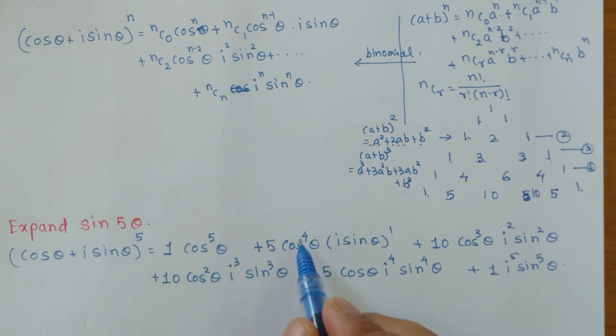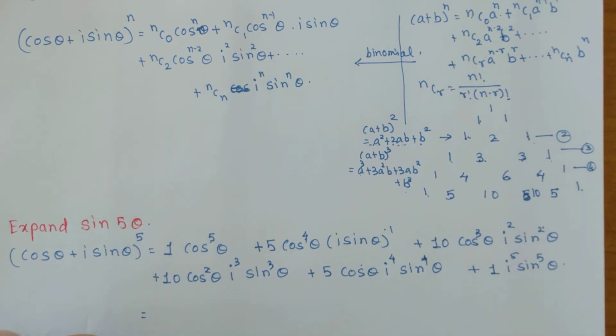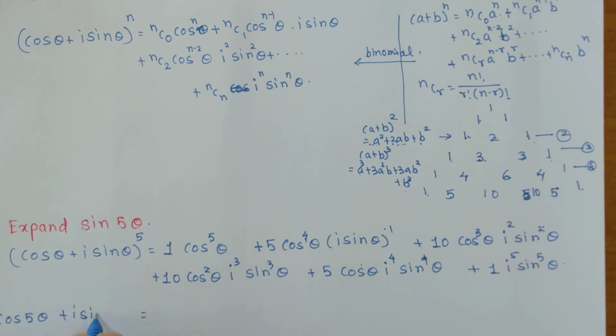Here it is 5, here 4 plus 1 is 5, 3 plus 2 is 5, 2 plus 3 is 5, 1 plus 4 is 5, and here again 5. So our expansion is correct. Now by De Moivre's theorem, the left hand side becomes cos 5 theta plus i sin 5 theta.